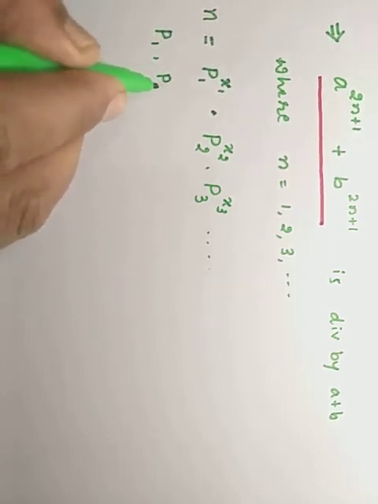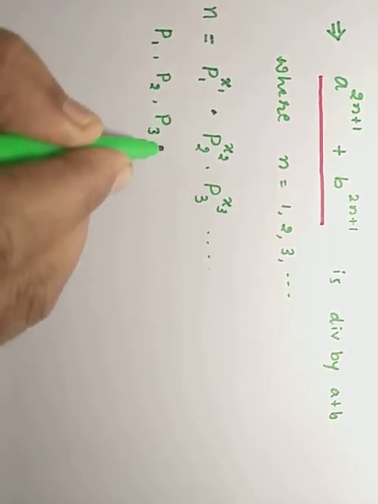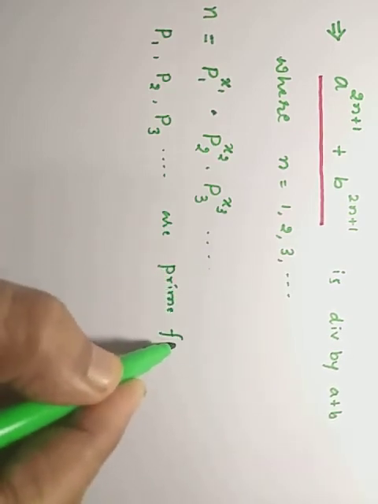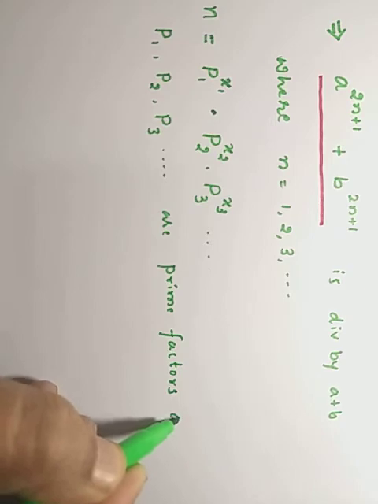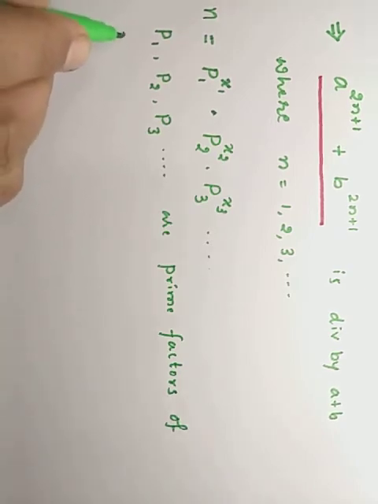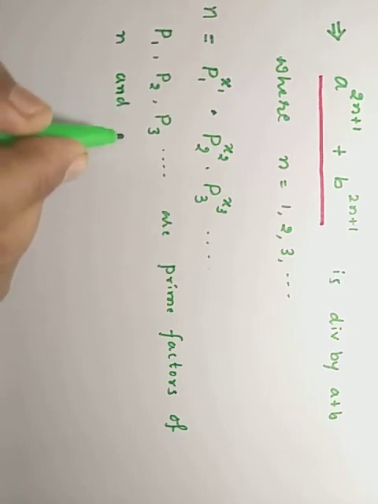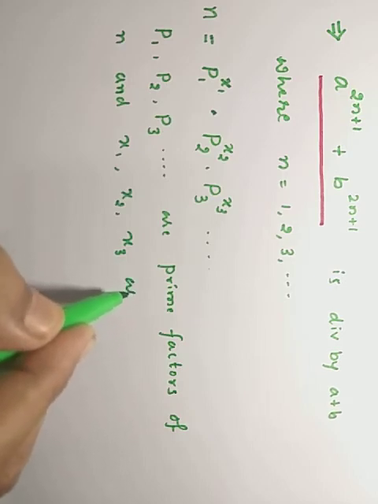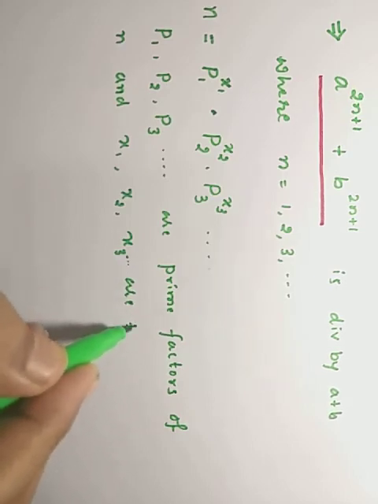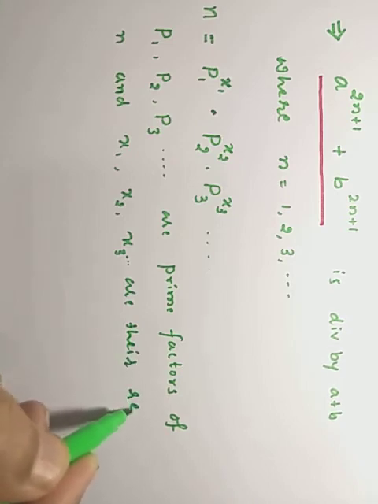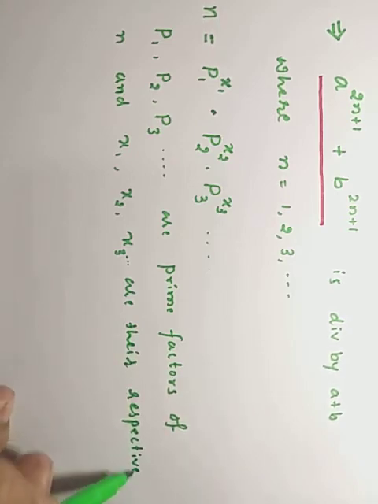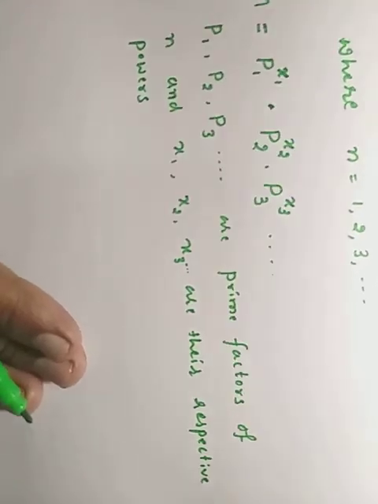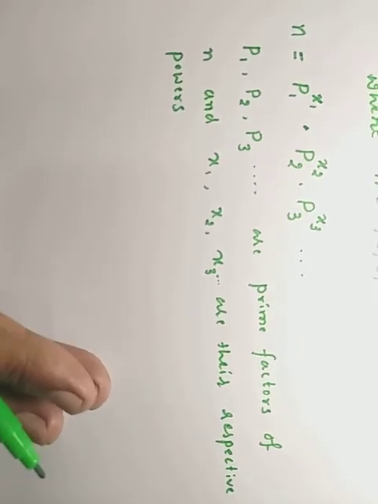p1, p2, p3 and so on are prime factors of n, and x1, x2, x3 and so on are their respective powers. Let us understand this a little more carefully by taking an example.